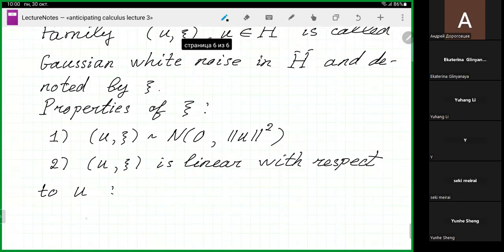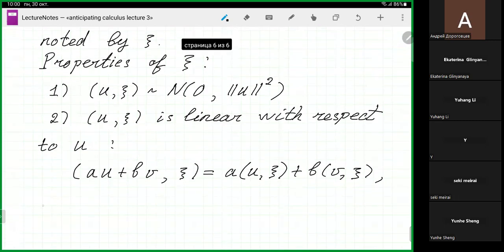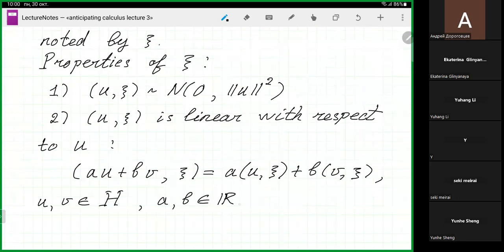Namely, if we take a u plus b v, Xi, it is equal to a (u, Xi) plus b (v, Xi), where u, v belong to H and a, b belong to R. Okay, it is a trivial consequence of the definition.